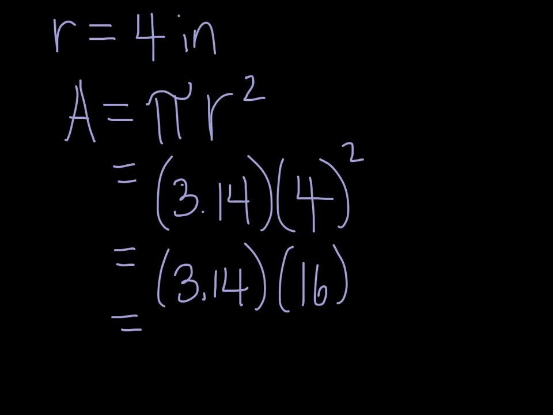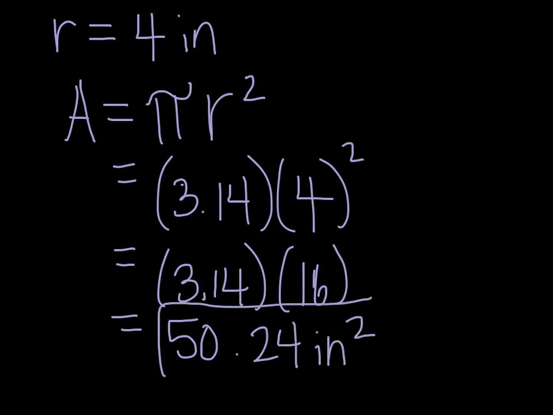Then I multiply, and I get 50.24 inches squared. All right, pause, watch the video several times. Make sure that you are able to find the area of a circle given a particular radius.